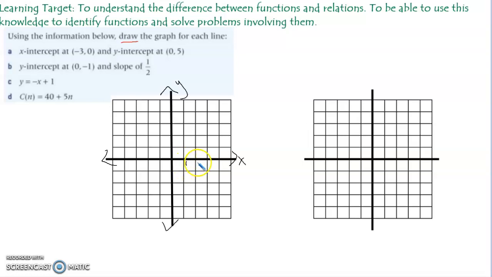So I'll put 1, okay, and then we'll place our points. So our x-intercept here crosses at -3, so we'll place a point there. And our y-intercept at +5, so I actually should have written that 5 up there.